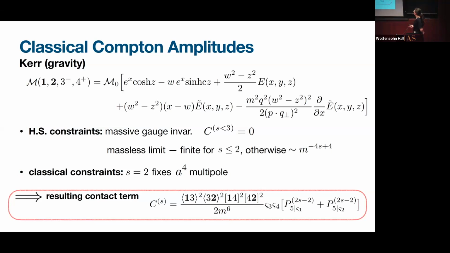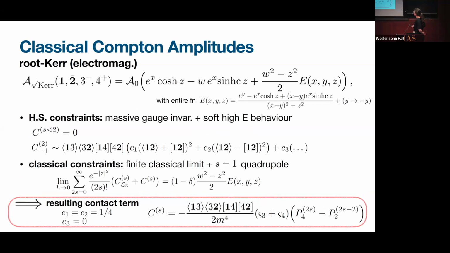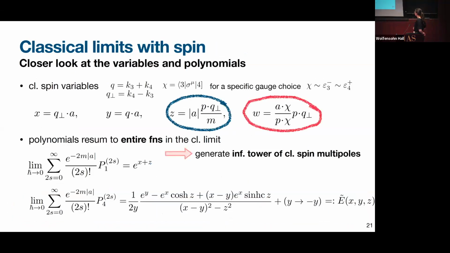Right. So maybe just to be clear, this is not even a spurious pole because W and Z have a P dot Q defined inside them. So this is definitely not something to worry about. Maybe you can worry about the functions.